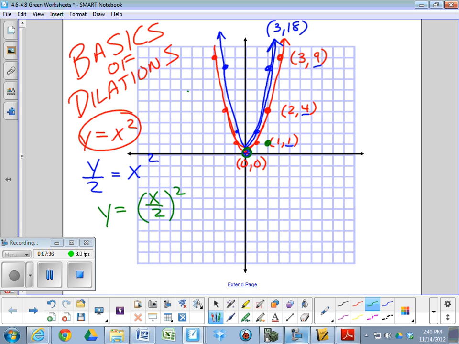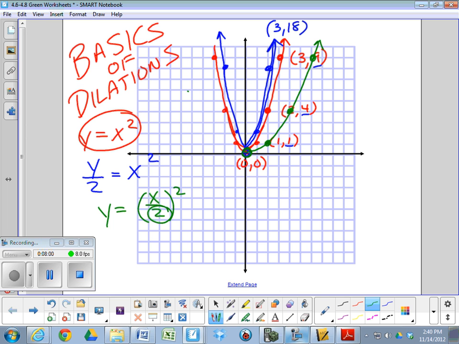2, 4 is going to get dilated because of this by doubling the 2. 4, 4. 3, 9 will be 6, 9. And the parabola gets wider because of this dividing by 2.